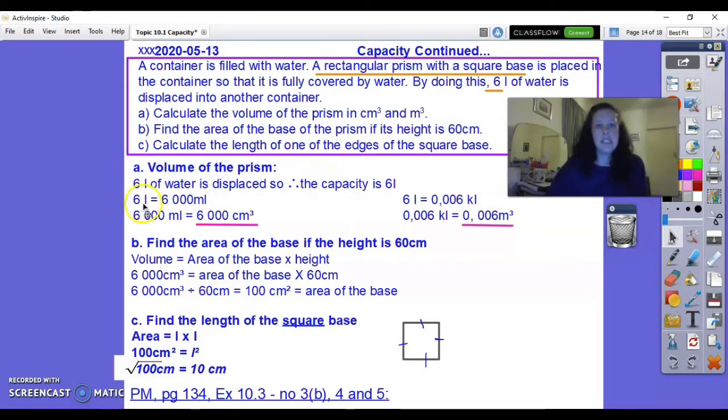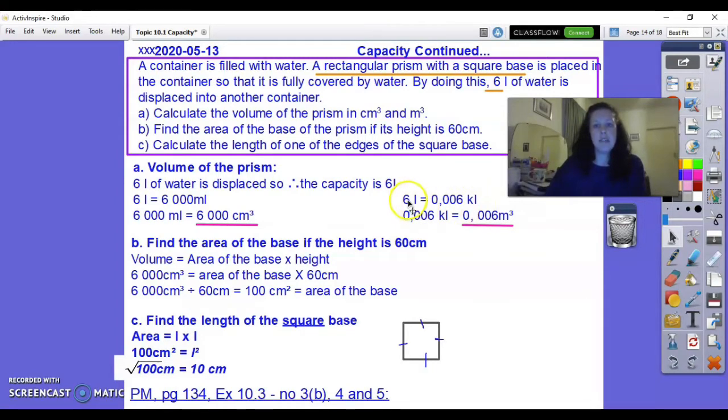So I'm converting 6 liters to milliliters first: 6 liters times 1000 gives me 6,000 milliliters. 6,000 milliliters gives me 6,000 centimeters cubed because 1 milliliter is 1 centimeter cubed. We know this already. If I want to work out meters cubed, however, I'm going to change my 6 liters to kiloliters by dividing by 1000.